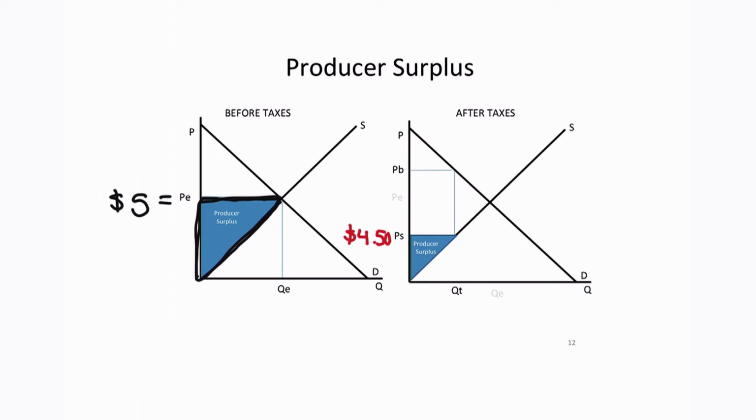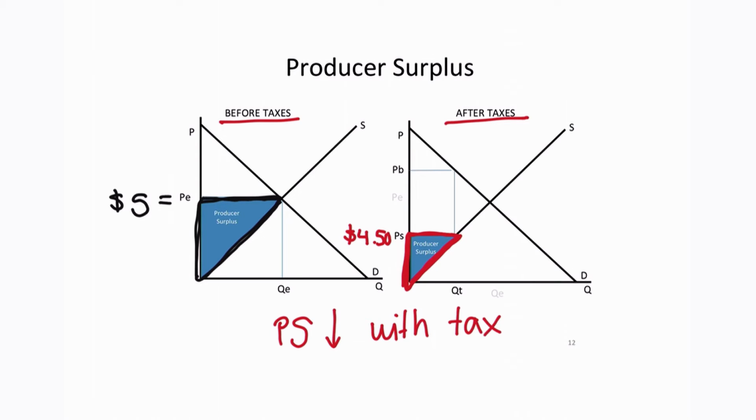So now their producer surplus is below the new price and above the existing supply curve. So as you can see here, comparing this triangle of producer surplus after the tax with this triangle before the tax, we see that producer surplus also falls with the imposition of the tax.